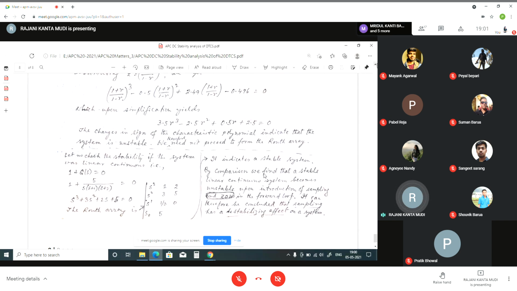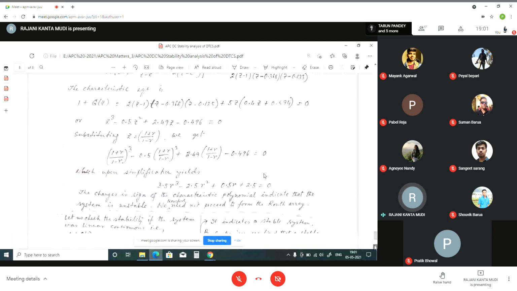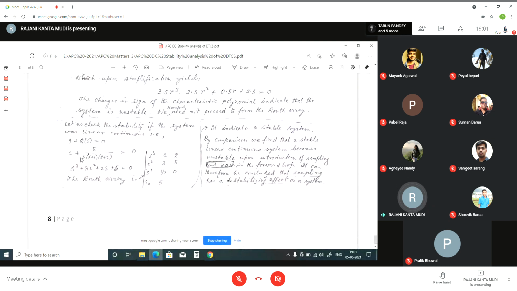But the same system, if there is no sampler here and it is a simple continuous system, has characteristic equation 1 plus G(s), that is s cubed plus 3s squared plus 2s plus 5 equal to 0. This is the Routh-Hurwitz array table: s cubed, s squared, s to the 1, s to the 0, with entries 1, 2, 3, 5, and so on.